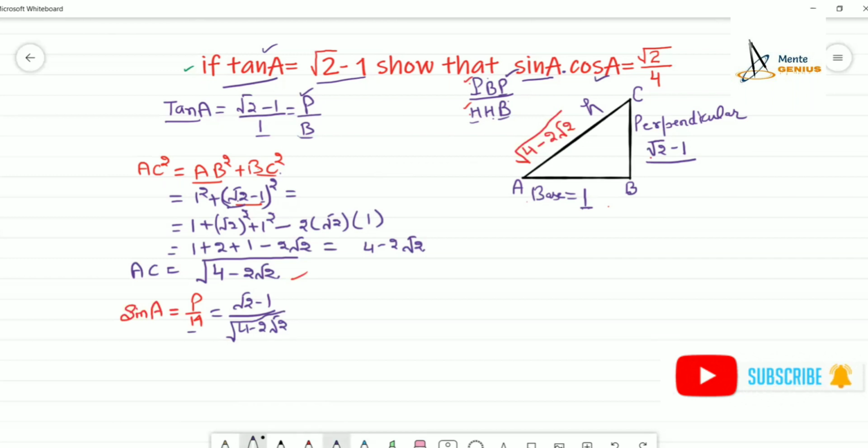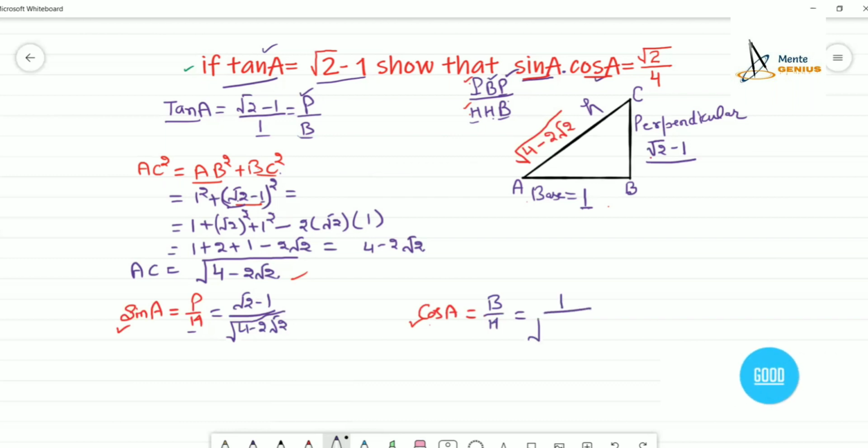And now I will find the value of cos A. Now cos A is equal to base by hypotenuse. What is our base here? 1, and hypotenuse is equal to under root of 4 minus 2 root 2. Okay.